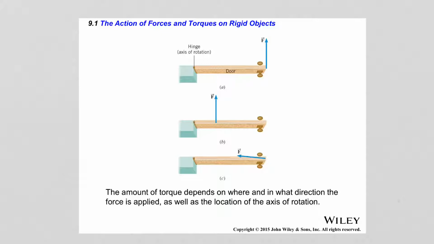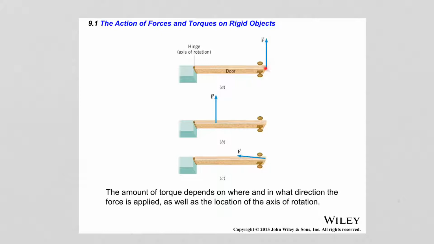So the force F is applied here at different positions with respect to that fixed axis of rotation. As a result, this door will rotate, but the rotation will be different because of where the force was applied, and also in the third case, how the force was applied.